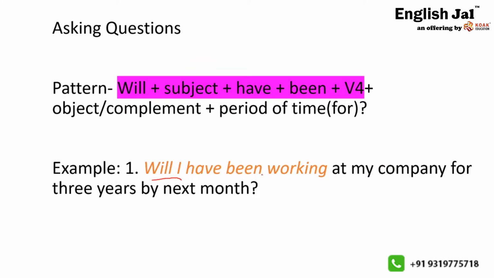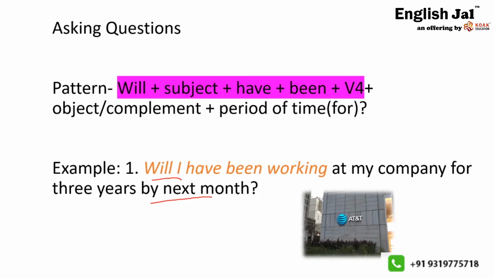Will I have been working at my company for 3 years by next month? Now this is, earlier I just told you, the same example, that by next month or by January, I will have been working in this organization for 2 years. I told, right? There was a full stop with that sentence. I will have been working.